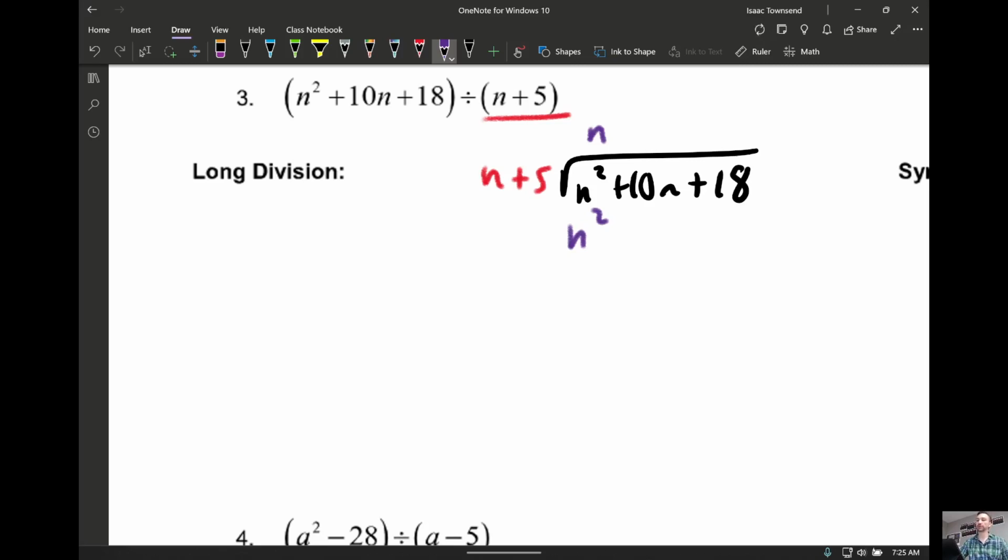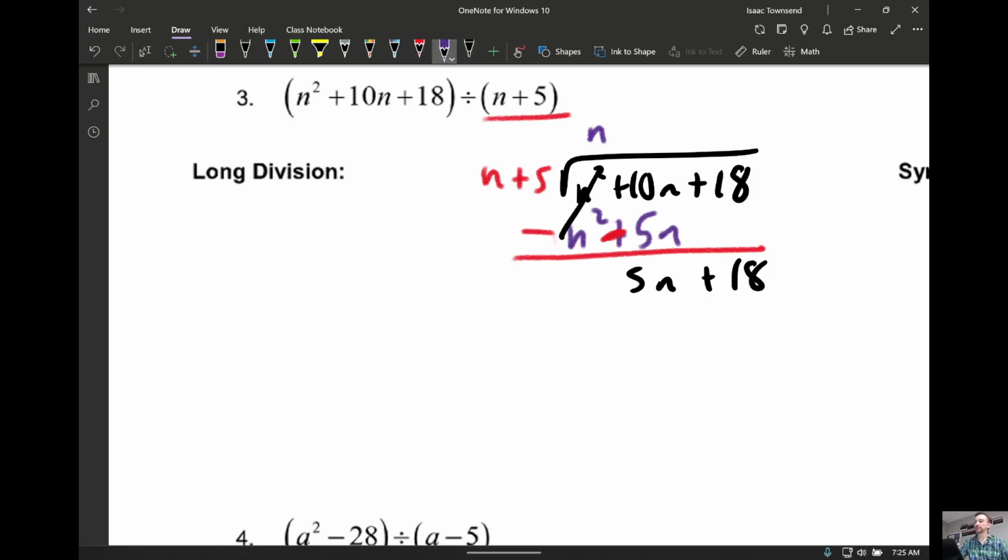But you also have to multiply it by everything else. So if there was 10 terms here, you'd have to multiply by all 10 terms. So 5 times n is 5n. Before you forget, change the signs and add. So the first place I would be concerned you have a mistake is right here. If you have 15n, you did not change the signs and add.